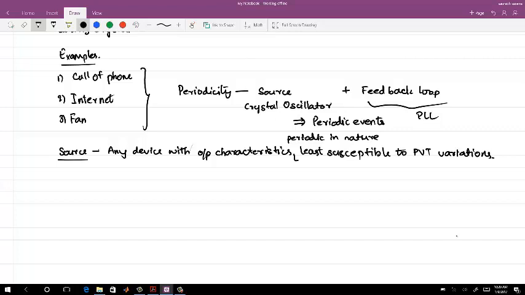So one of the examples is your quartz crystal. Now this quartz crystal, as far as the chemistry goes behind it, is silicon dioxide when arranged in a crystal format.